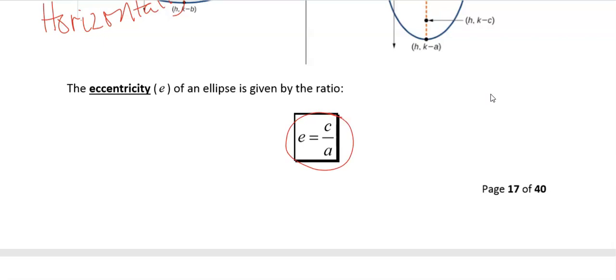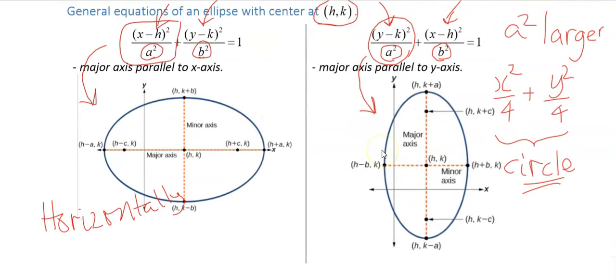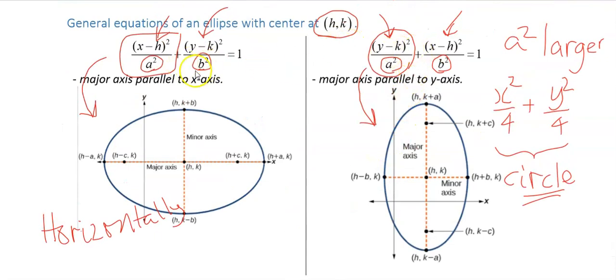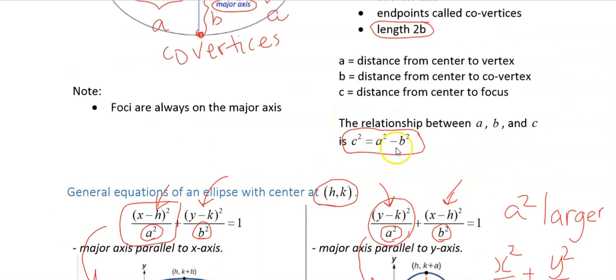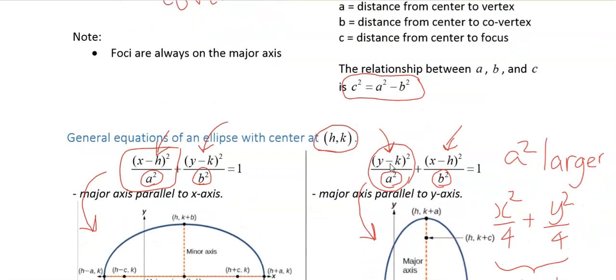The eccentricity, they use the symbol E, not to be confused with the base of the natural logarithm. They just call that C over A. All of these equations, by the way, for eccentricity, these equations right here, which I call the standard form of the equation, and C squared, they're all provided on a formula sheet. You don't have to memorize those formulas.